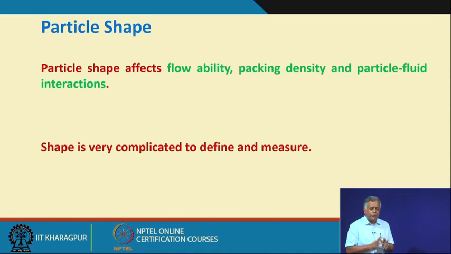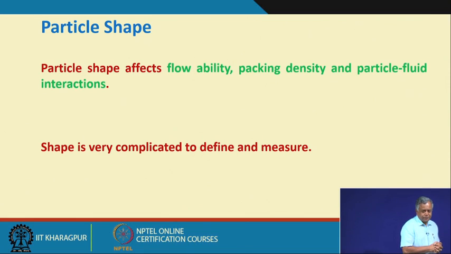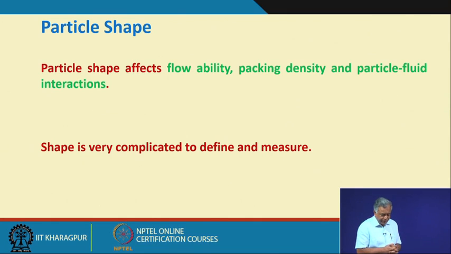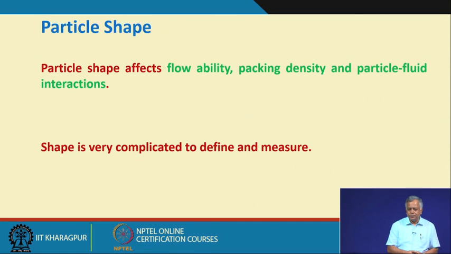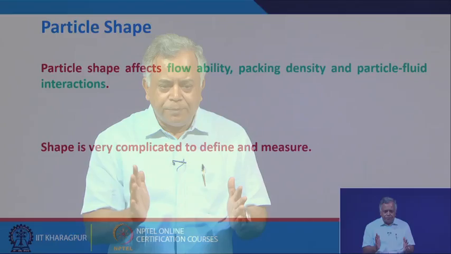Why should we be worried about particle shape as a mineral processor? That is the most fundamental question. Do we really worry? Yes, we do, because particle shape affects flowability. What does it mean? Suppose I have a container filled with water. I drop two particles having identical chemical composition, but one is flaky and the other is spherical.